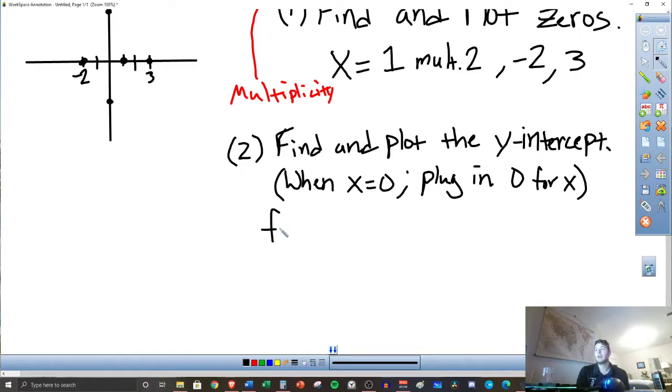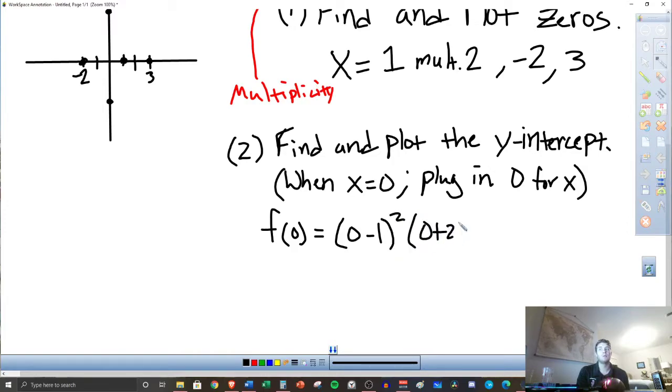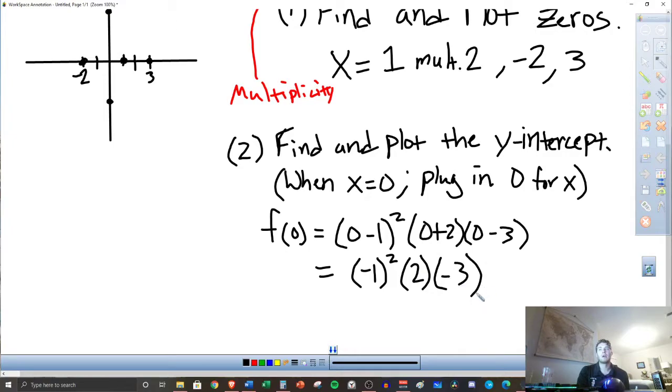So I know that it's going to be f of 0 equals, we have 0 minus 1 squared times 0 plus 2 times 0 minus 3. So what happens is the zeros just go away and we're left with these values. Okay, so let's go ahead and solve this.